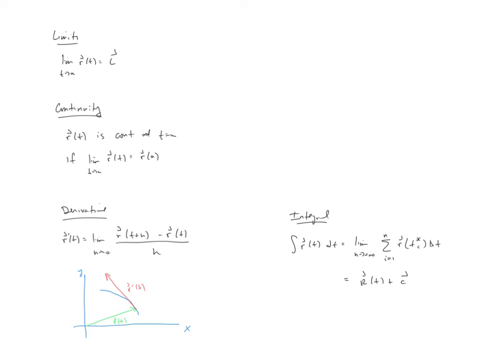Now, where I struggle in drawing this a lot of times is that the vector r and the vector r prime are not necessarily orthogonal. They're not necessarily perpendicular, and I've tried to draw it in such a way that this does not look like a 90-degree angle, okay? In fact, most of the time, r and r prime will not be orthogonal.